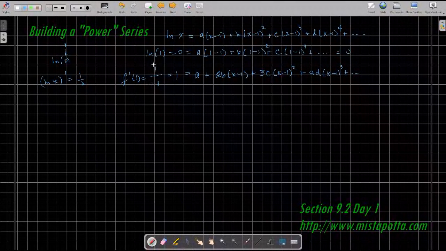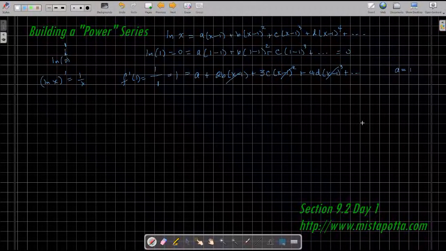But if I'm substituting x equals 1, each of these terms should go away, leaving me with just a. And so I find out that a must be 1.